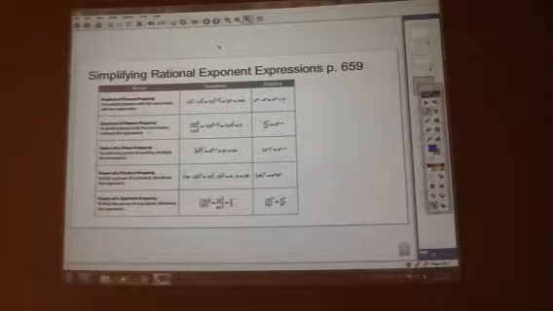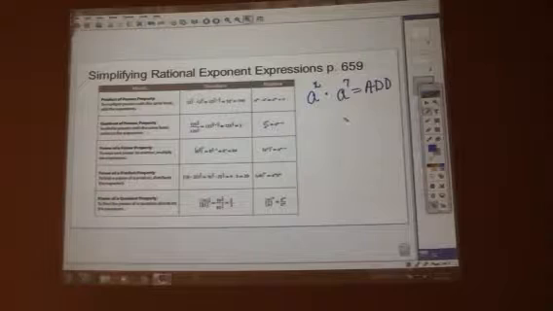So first of all, the product of powers property. That means if I take a variable or a number and I multiply it by the same variable with a different number, or it could be the same, when I multiply, I add my exponents.